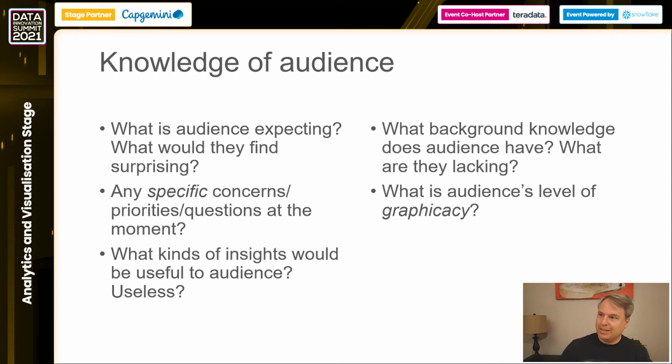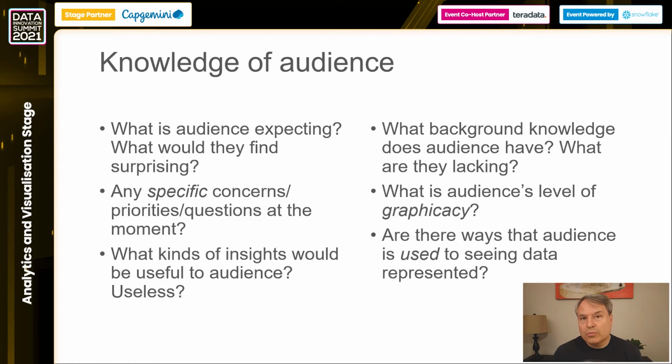Yes, it's a word, right? Literacy, numeracy, and graphicacy, which is the ability to understand graphs. And again, you've probably had the experience of very different levels of graphicacy in very different audiences, right? And so there's no point in showing charts to people that they're not familiar with, that they just don't know how to read, or at least, if you can't explain it to them anyways.